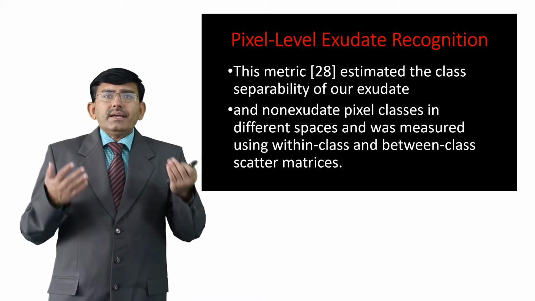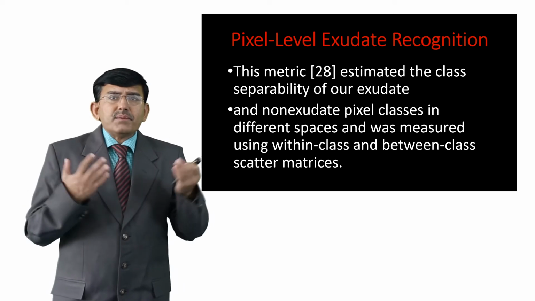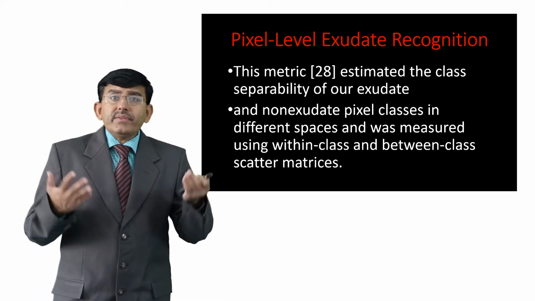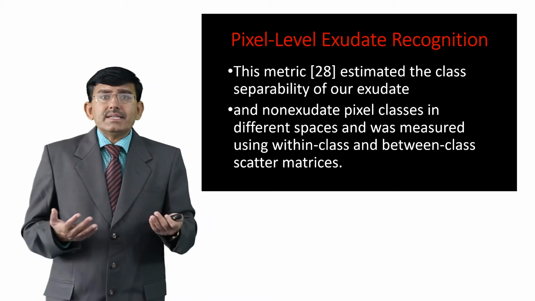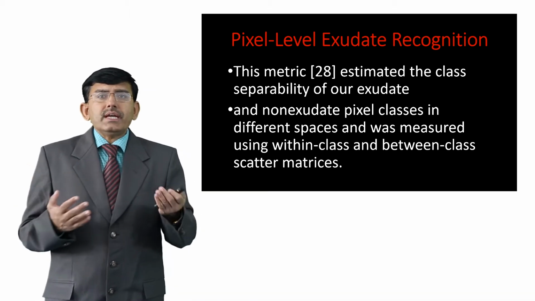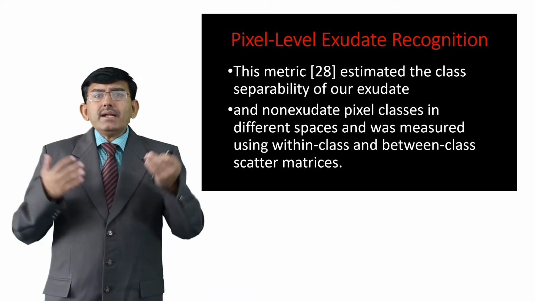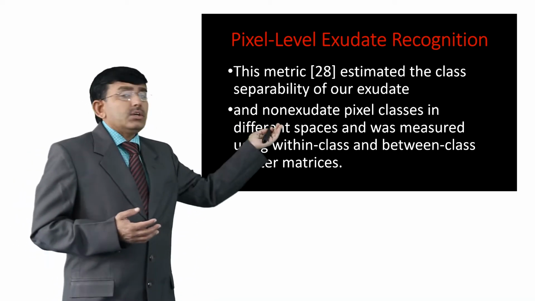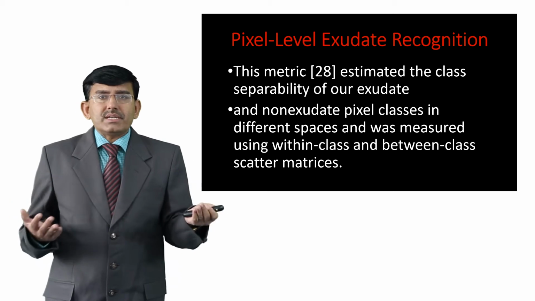This metric estimated the class separability of our exudate and non-exudate pixel classes in different spaces and was measured using within-class and between-class scatter matrices, which are formed from the images.